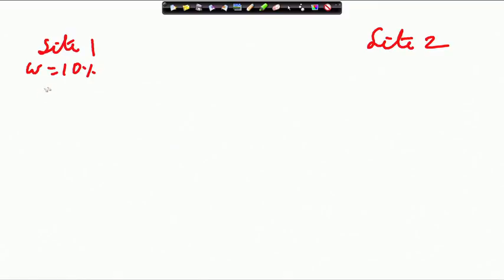You can see now I can consider site 1 and now I consider site 2. Site 1: W equal to 10% and gamma bulk equal to 16.2 equal to (1 plus W) by (1 plus e) into Gs gamma W.